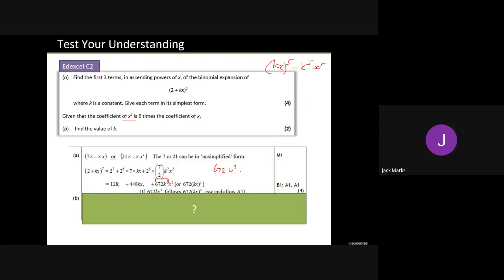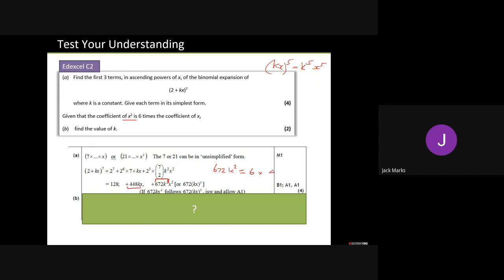This I read as an equal sign. This is 6 times, well, 6 times what? 6 times the coefficient of x. So if you go to the x, the coefficient is everything that's in front of it.